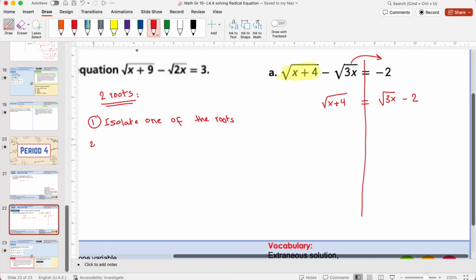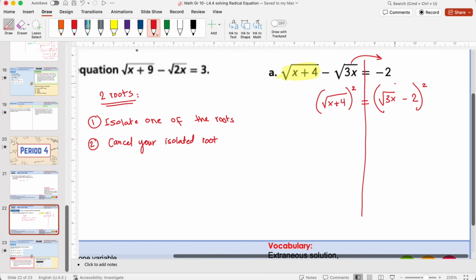And then step number 2. What are you gonna do? Cancel your isolated root. Not any root. The root you isolated, cancel it. How do you do that? Using powers. Since it's a square root, I'm gonna square both sides fully.